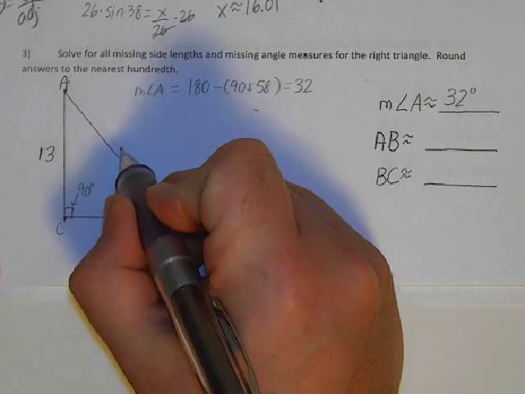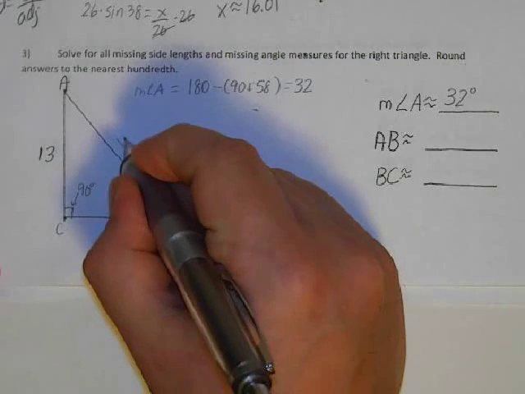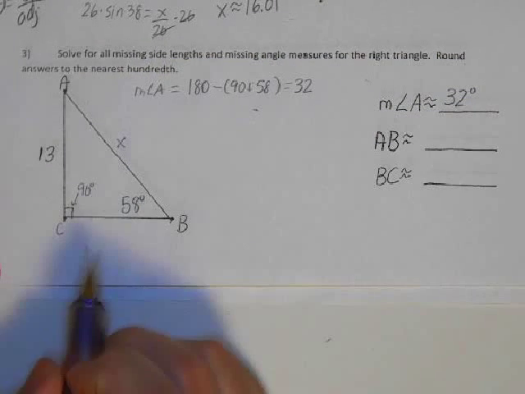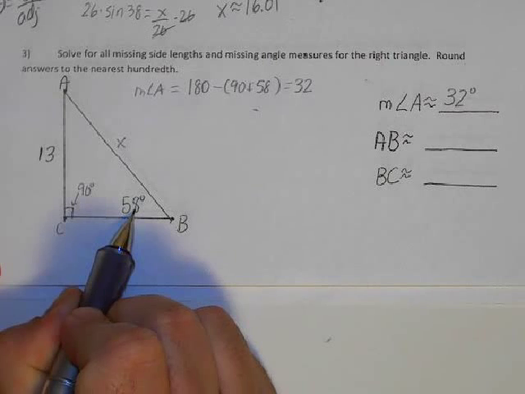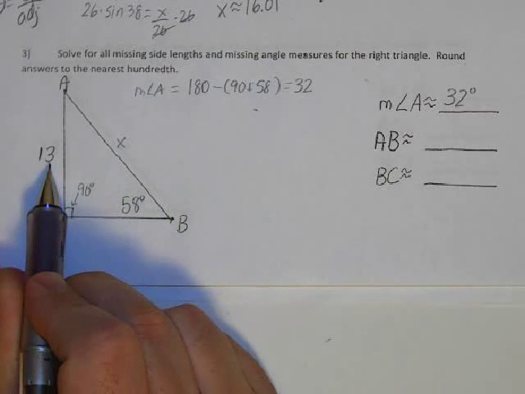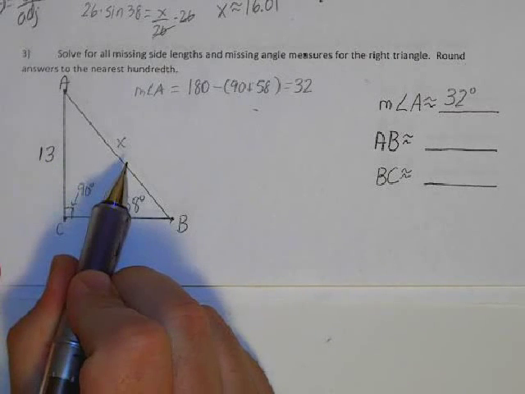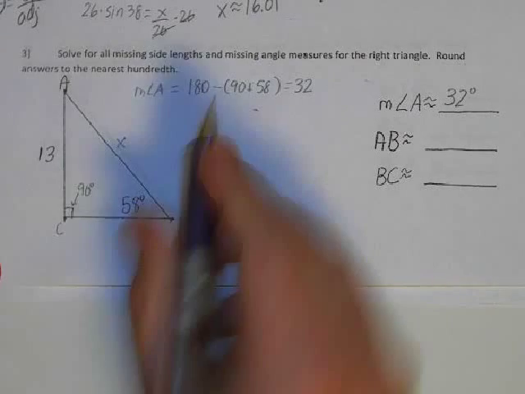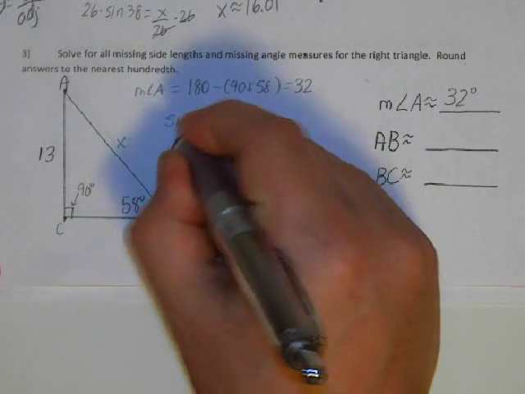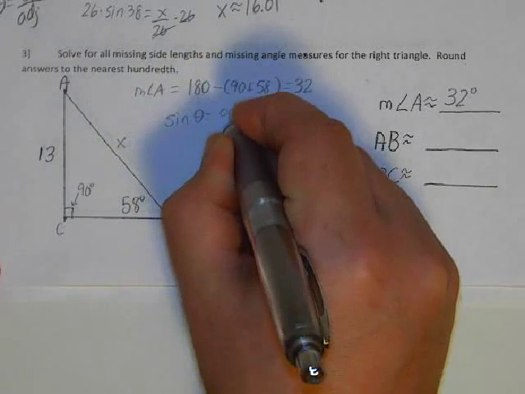I'm going to choose AB to start off with, and I'm going to call that length X. If I use the 58-degree angle, I know the opposite, and I'm looking for the hypotenuse. So I'm going to use sine again.